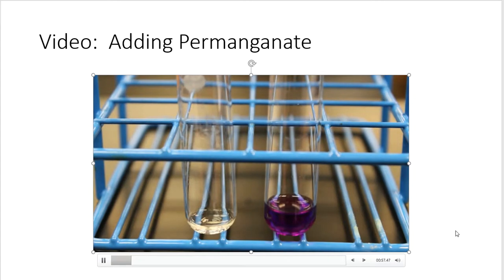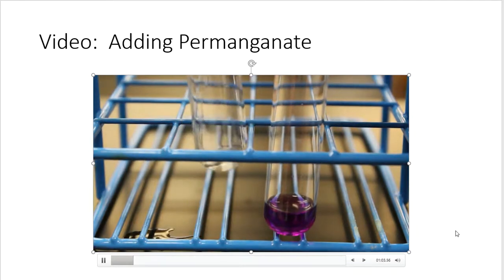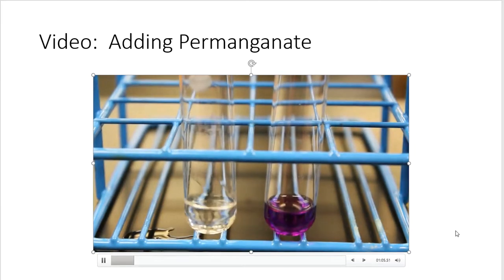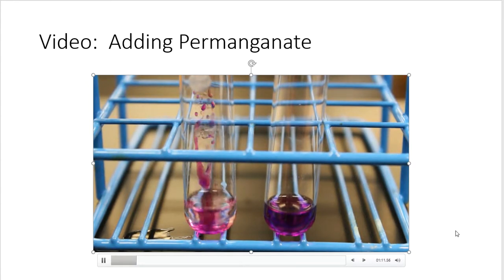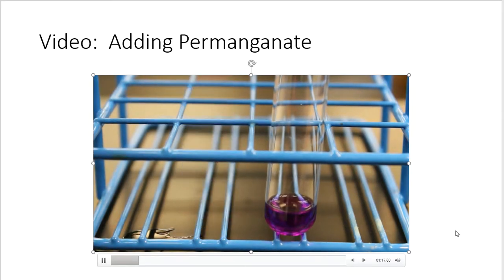So they tell me to add a milliliter of acetone to this sample, and that's what I'm getting ready to do now. There it is. And then to add 2 drops of potassium permanganate. 1, 2. And now we're going to give it a shake.